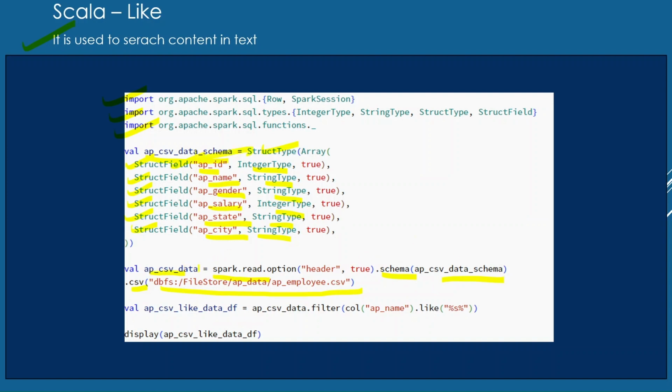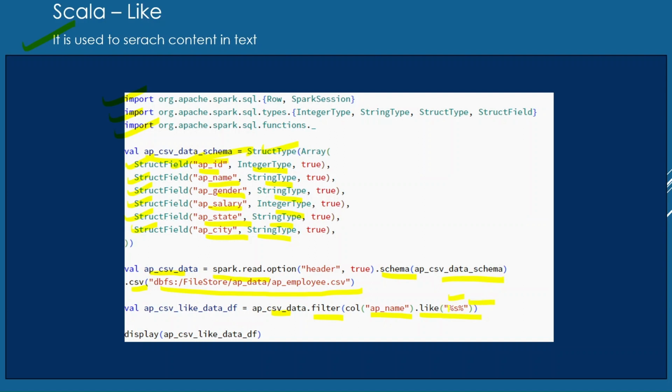Once this data frame gets created, we are filtering the column. Based on which column are we filtering this data frame? With the help of the AP name column. On the AP name column, we are making a condition based on the like operator. So we need to understand this percentage sign.